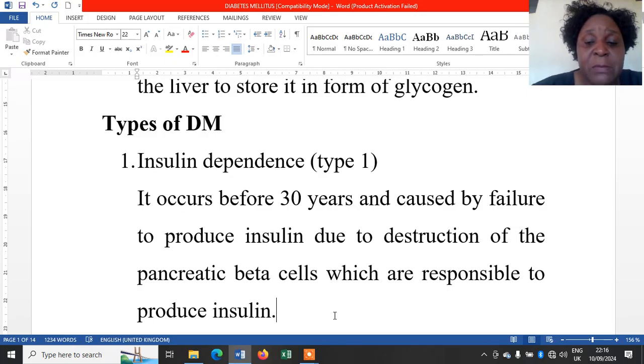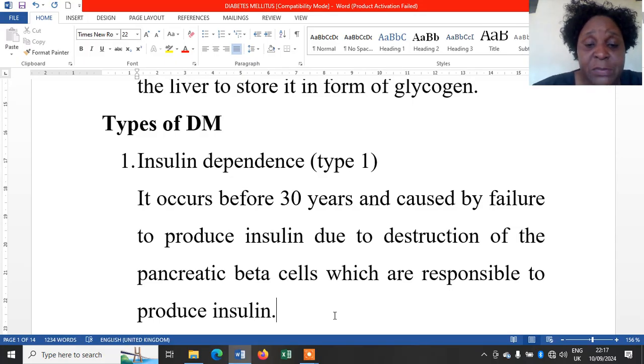And what is the problem? The pancreatic beta cells may be injured either by disease, or by accident, or by any pathological factors. And at the end of the day, the beta cells are unable to produce any insulin.